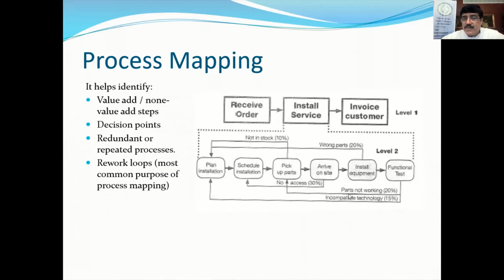Once we're finished with these processes, then we go to the other big step. Here, what you want to do, you want to see all your rework loops. For example, you plan your installation, you schedule your installation, you go pick up the parts.